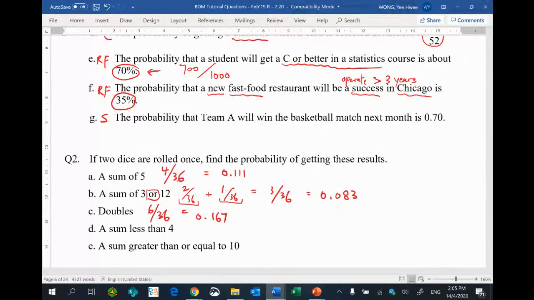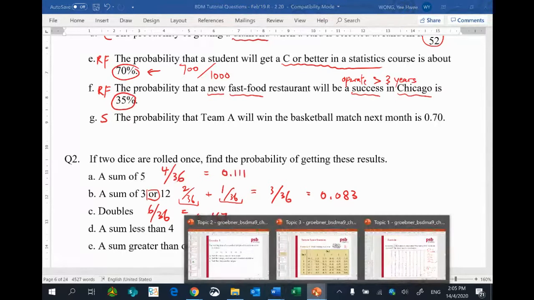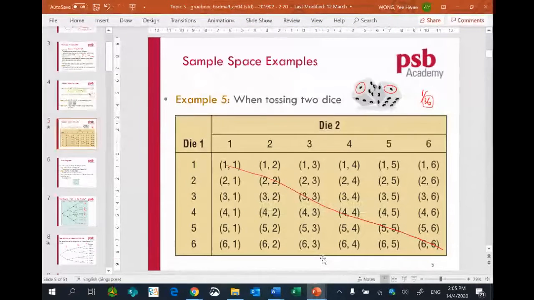You can also put into decimals. The sum of less than 4. Less than 4 means, is 4 included? Less than 4. Which one gives you 4? 1 and 3, 3 and 1 give me 4, 2 and 2 also give me 4, but I say less than, that means anything above that will be more than 4 already.